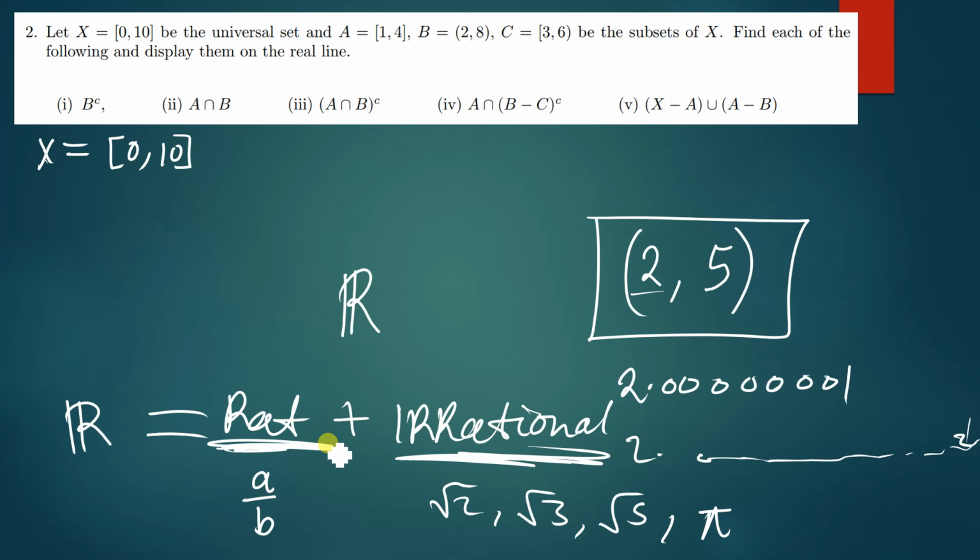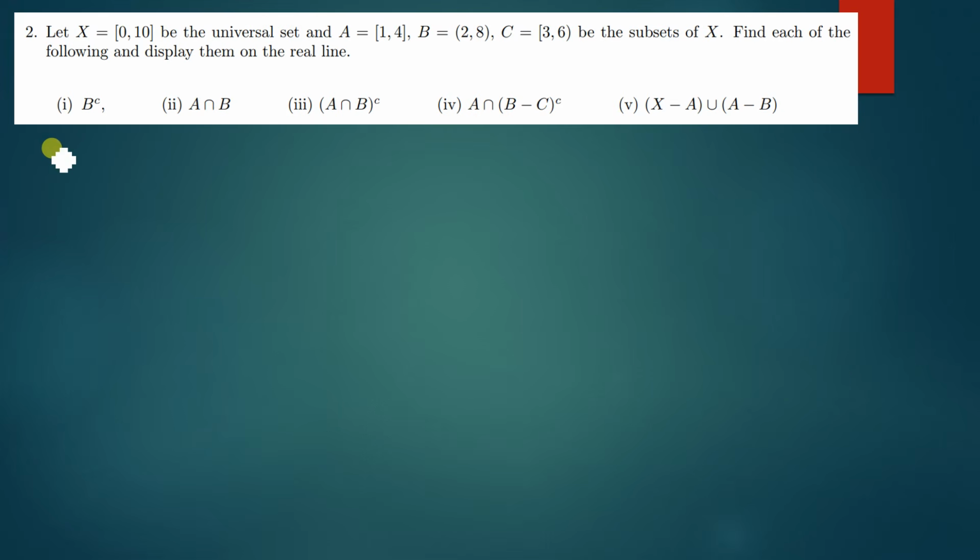Let's quickly move on. So I was talking about the universal set here. The universal set is from 0 to 10. Even if we have these kinds of brackets, as long as we're dealing with intervals, we consider that set to be an infinite set. So this is the universal set. Then we also have A, which has been given to be 1, 4.